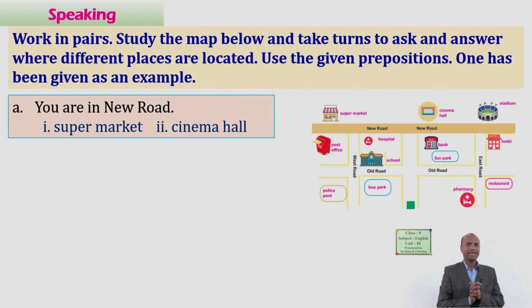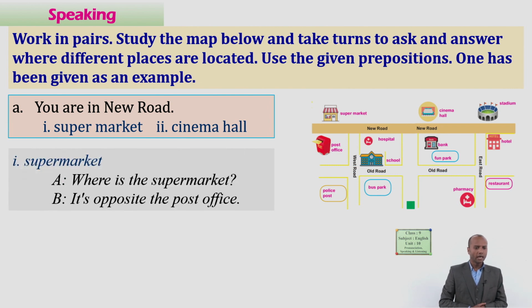What does A say, or what should your friends say? Very good. Where is the supermarket? Well done, dear students. And what might B say? Yes, it's opposite the post office. So you can see the post office here and there is the supermarket.